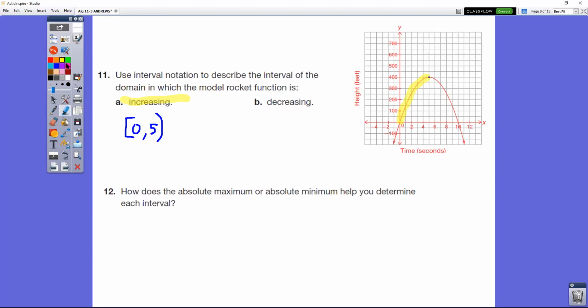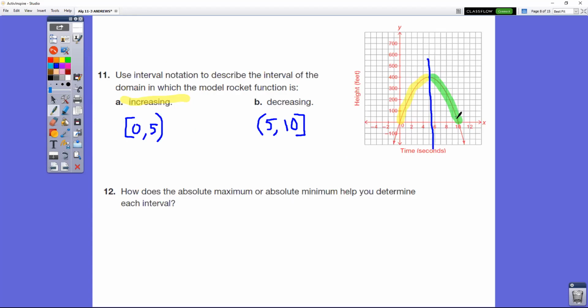And then decreasing, it's starting at that max point, going down, down, down until it hits the ground. So it's starting at our max, which is 5, and then going down to second 10. And that is where it stops. It includes that 10. So from this point to this point in the yellow, it's increasing.